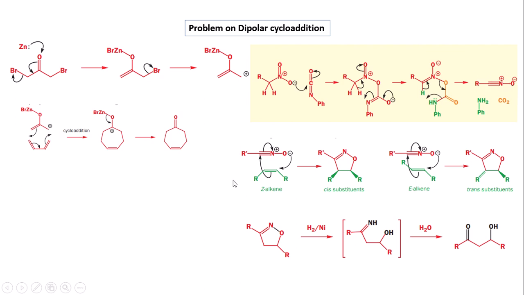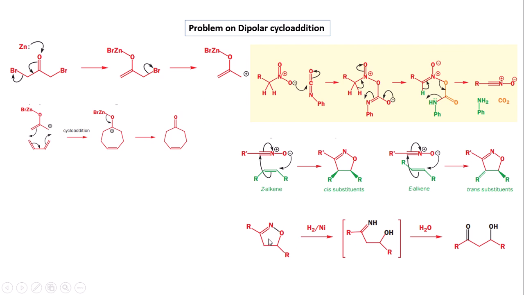This can add to the Z alkenes or the E alkenes, and the stereochemistry of the cis or trans alkene is retained after the cycloaddition reaction, and we get the cis-substituted and the trans-substituted products.